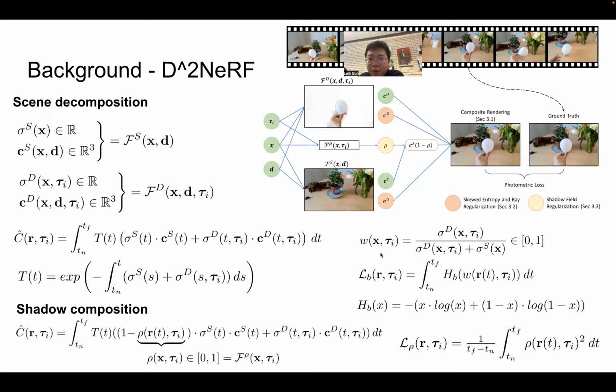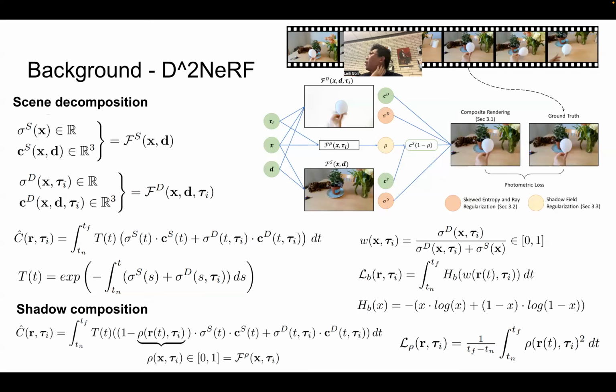So basically, the first one is they have this weight. This weight is basically the ratio of the dynamic densities versus the total densities. So for each point, we have a weight, and this weight measures how much dynamic there is at this point X. We want to explain everything in the static field, and only explain as necessary those really dynamic things with the dynamic field.